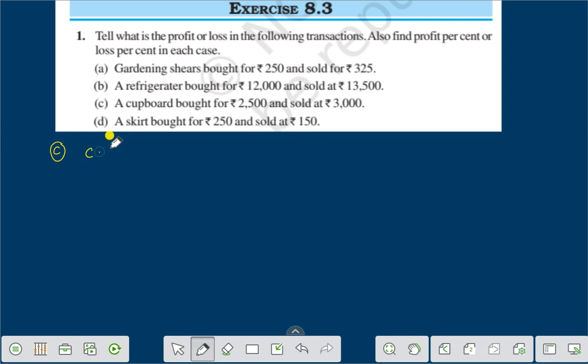Therefore, cost price is equal to rupees 2500, selling price is equal to rupees 3000.